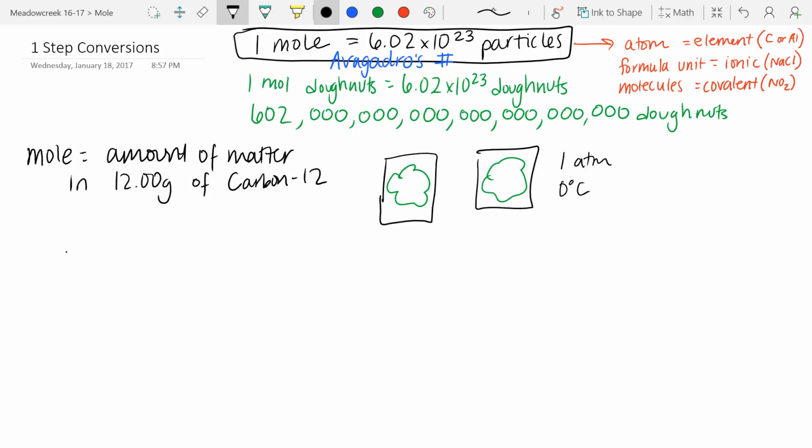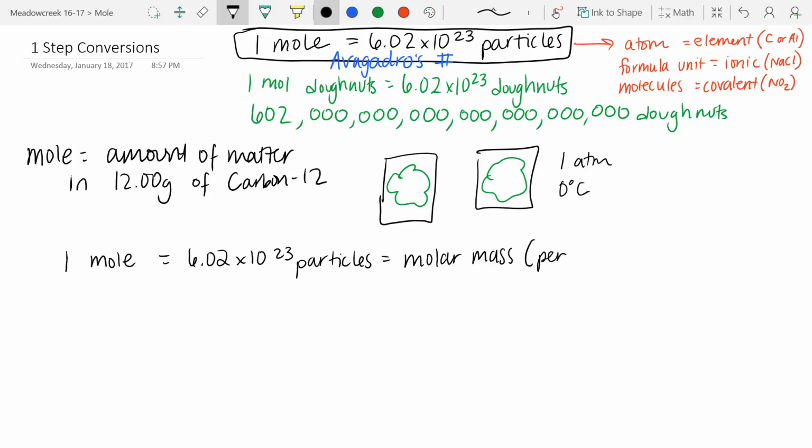So we know that 1 mole is equal to Avogadro's number, 6.02 times 10 to the 23 particles, but it's also equal to the molar mass, which we find on the periodic table for elements. Okay, that's where we locate that. Now there's another video on how to calculate molar mass, and we'll do an example of that here. But if you need more help specifically with molar mass, go check out the other video on eClass.